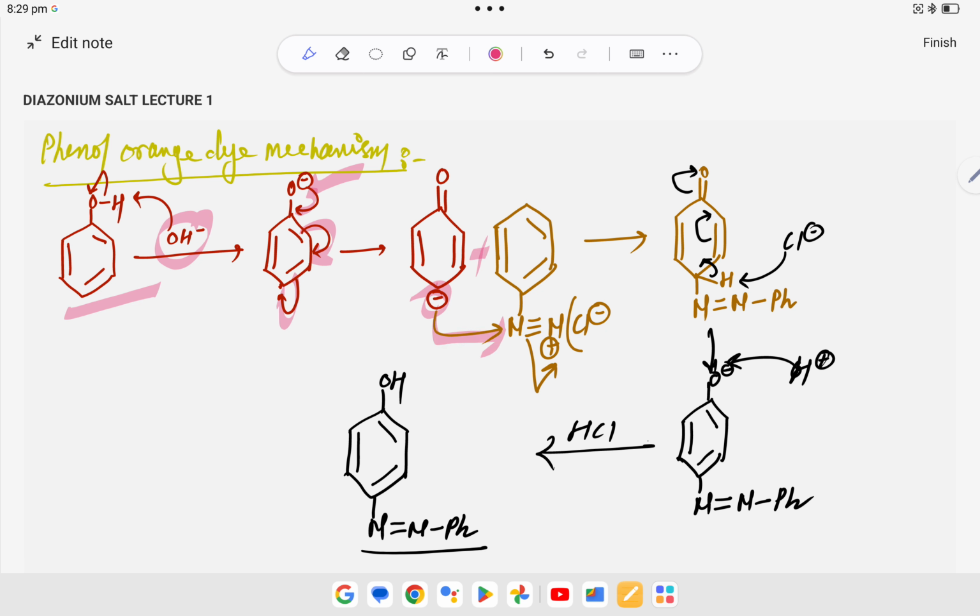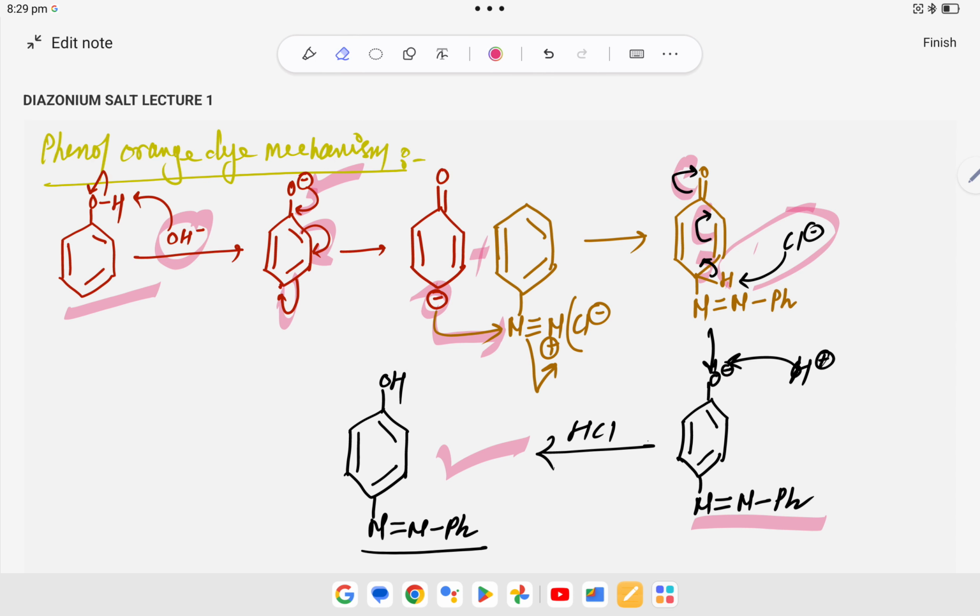After that, chlorine will approach the hydrogen, hydrogen electron shifted here, these electrons shifted here, and oxygen electron back. Now HCl formed, that H plus approaches the oxygen, and phenol dye formation is done. That's it.